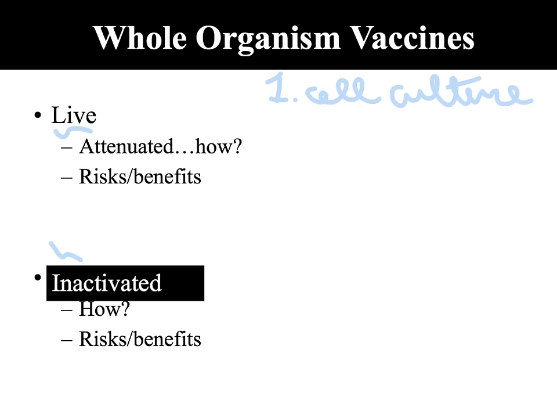And what you do when you do that is that you have these guys transformed in a way. They're not normal standard cells because normal standard cells do not like to grow close and snug to each other in a dish. They have something called contact inhibition, and they like to grow in three-dimensional spaces into tissues. So what you could take away from that is that cell culture lines that have been adapted to grow in a laboratory are not quite biologically normal.